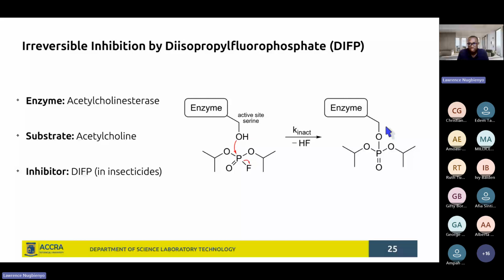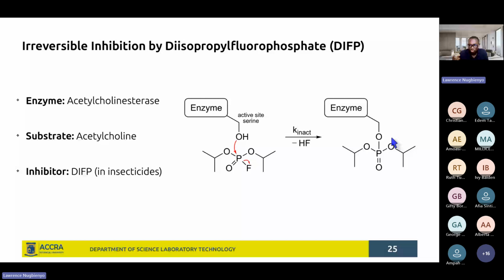What it means is that acetylcholine esterase becomes inactive and will no longer be acting in that process of acetylcholine sending the signal, because it's a neurotransmitter, to the muscle, and then there's contraction. Then later the acetylcholine esterase will hydrolyze off the acetylcholine, and then another signal comes. That will no longer happen.